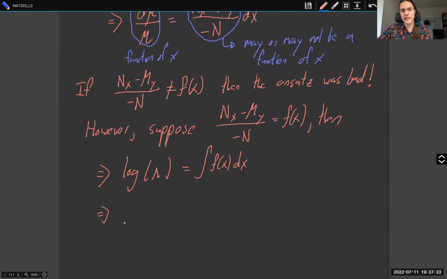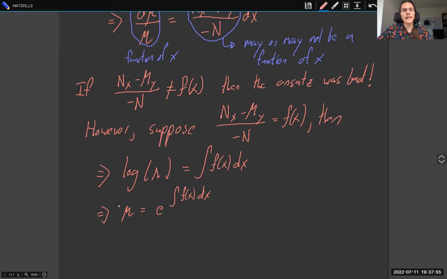If we're trying to solve for exact representations of equations or for integrating factors, we only care about finding one of those because the constant comes in later. Anyway, so here we get mu is equal to e to the integral of f of x dx.